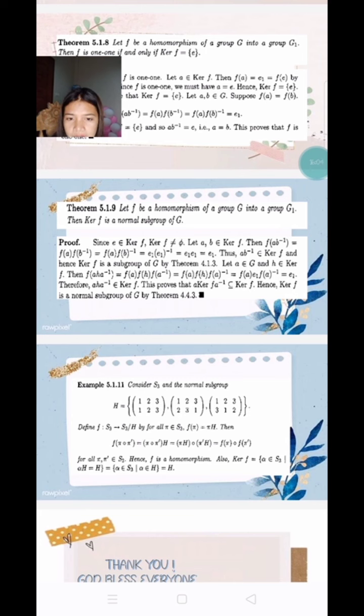Hence, f is a homomorphism. Also, kernel of f is equal to the set of a in S sub 3 such that aH is equal to H, which is equal to the set of a in S sub 3 such that a is an element of H, which is equal to H.